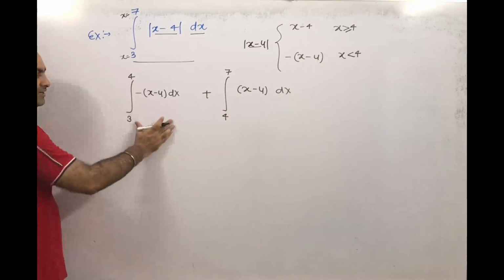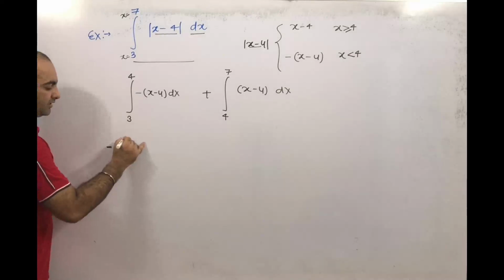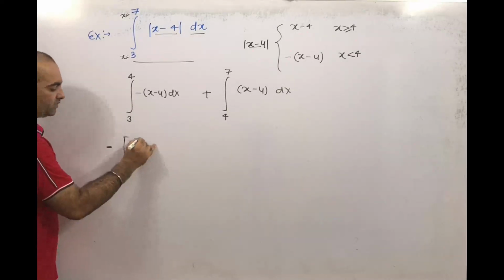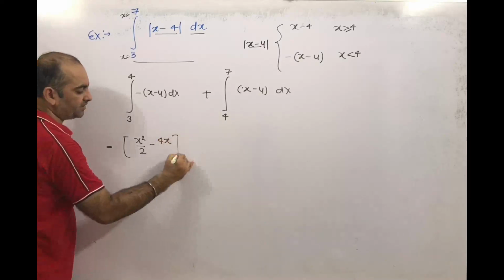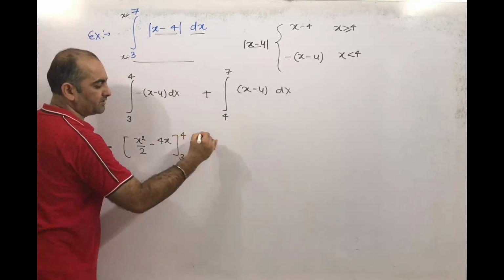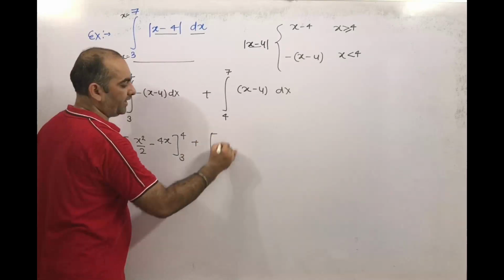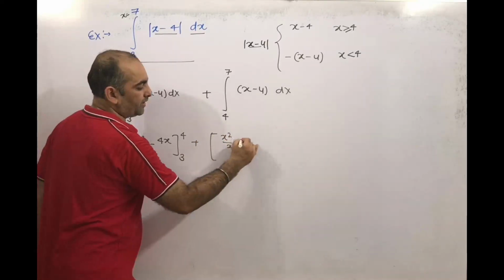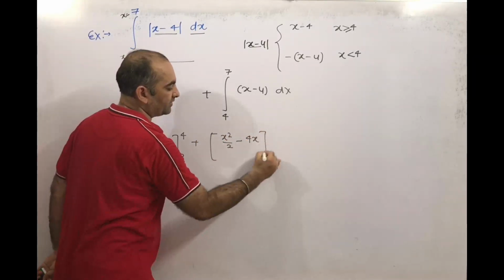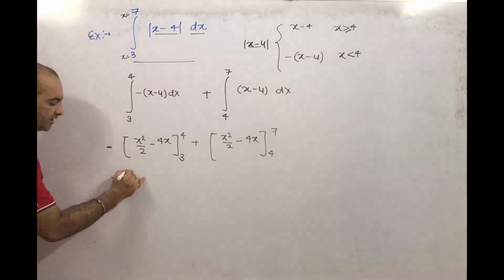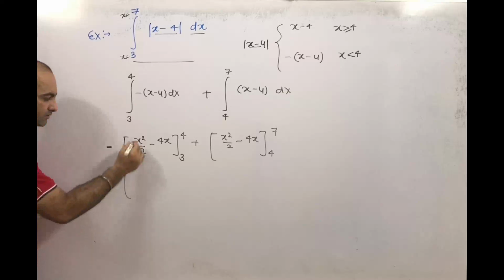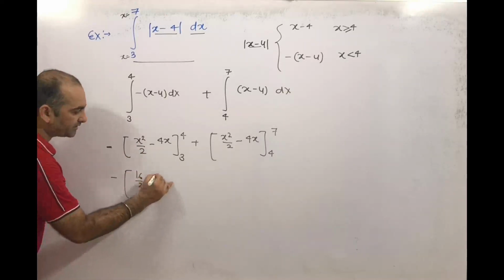Now this is simple integration. Minus is outside. The integration of x becomes x square by 2 minus 4x, with limit 3 to 4, plus x square by 2 minus 4x with limit 4 to 7. What will come here? Minus. If I put 4, what will come? 16 divided by 2 minus 16.